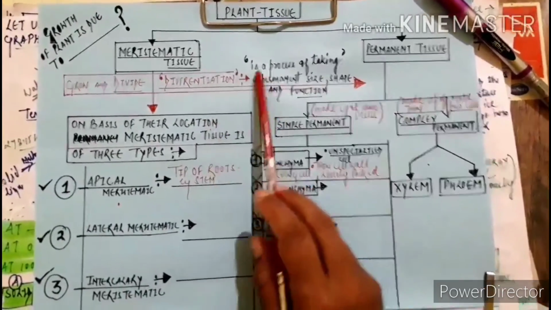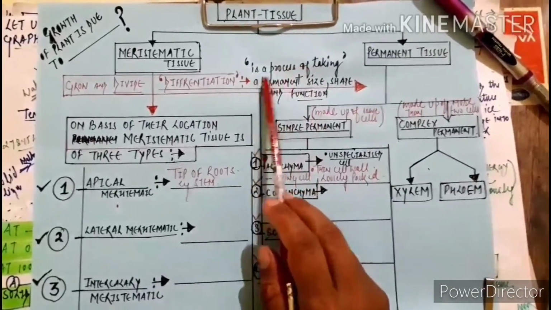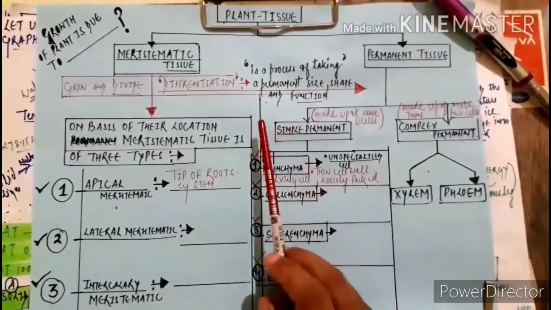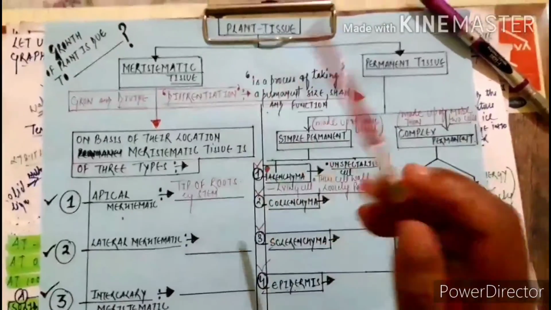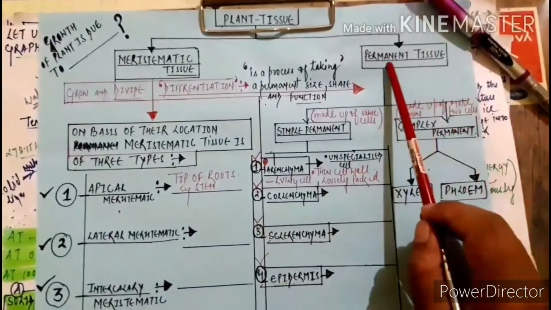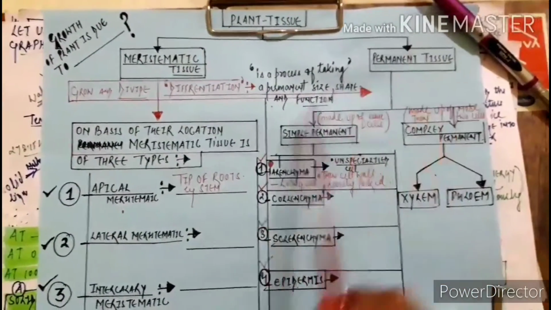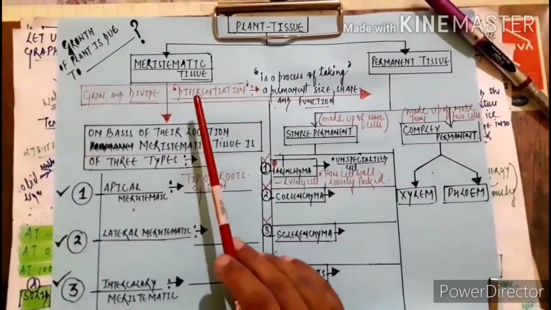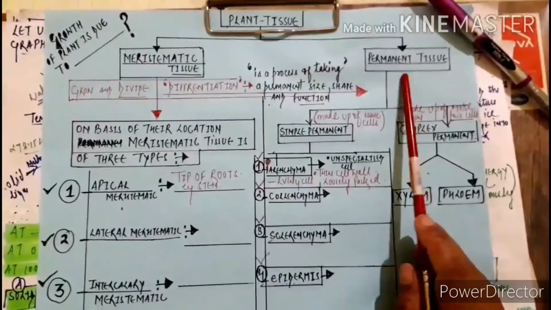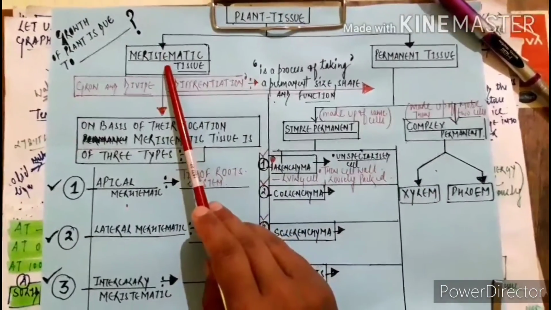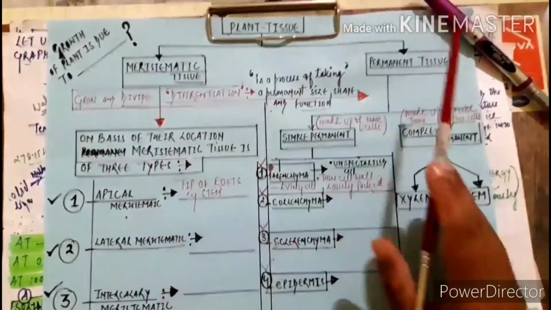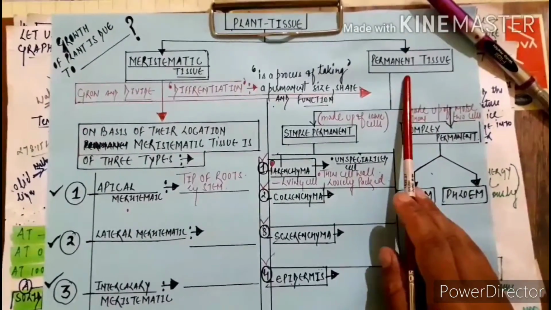Again I am repeating, it is the process of taking a permanent size, a permanent shape and a permanent function. Permanent tissue loses its ability to divide. It cannot divide like the meristematic tissue does. This is one of the basic differences between the meristematic tissue and the permanent tissue.